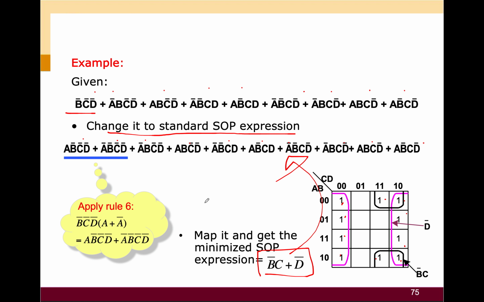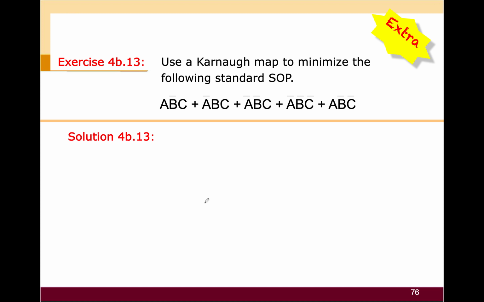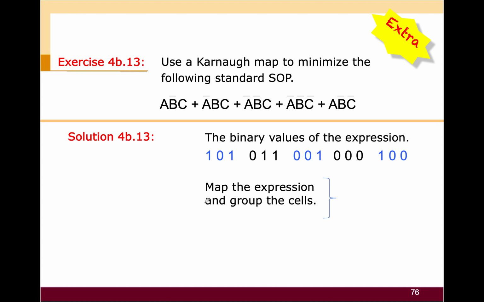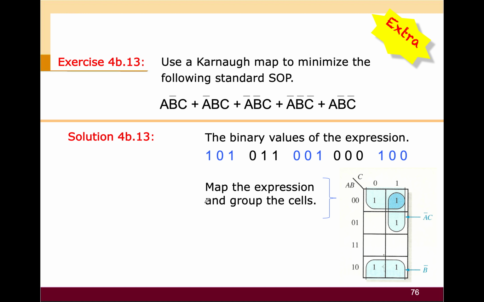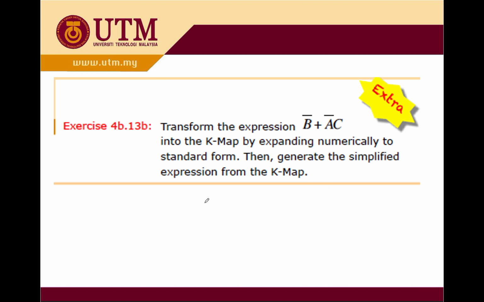So it's easy for you to simplify and minimize, right? There is also another example. You can just try to draw it and find the minimum. So this is the answer. Please try to do it on your own.